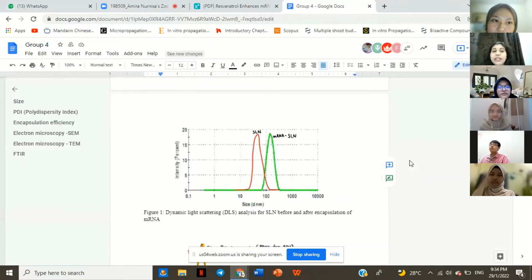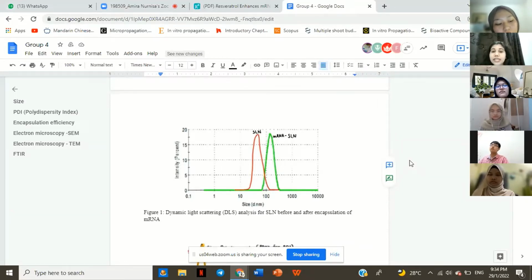In figure 1, before the addition of mRNA, there are only solid lipid nanoparticles, right? So the size is much smaller. But when we add mRNA, the size will be larger. Therefore, the PDI should be lower before the addition of mRNA, because the particles are uniform, smaller, and monodispersed. Monodispersed because all of them are similar in size.